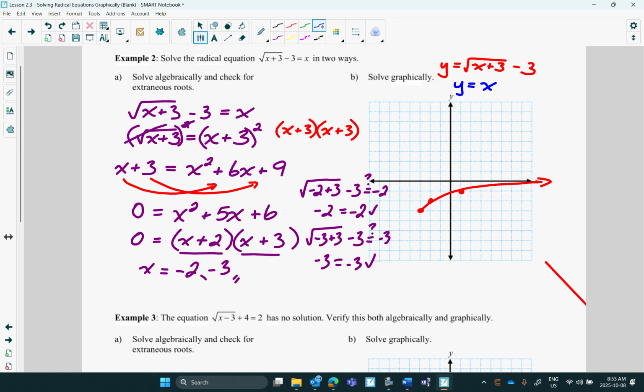How about the right side? What's y equals x going to look like? A diagonal line, because if I do a table of values, I get 0, 0, 1, 1, 2, 2, 3, 3. So it's going to look like this.